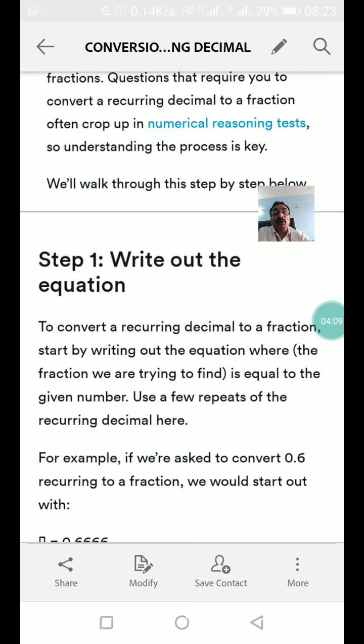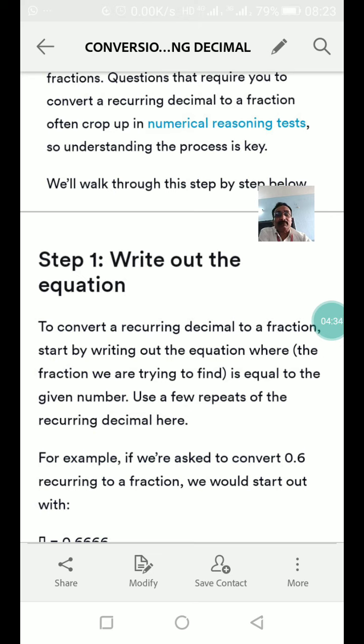write out the equation. To convert a recurring decimal to a fraction, start by writing out the equation where the fraction we are trying to find is equal to the given number. Just like if you are given 0.666 recurring, you take x equal to 0.666.